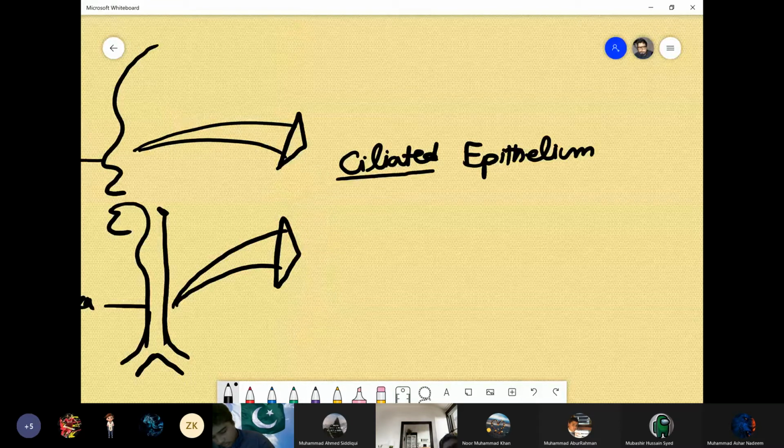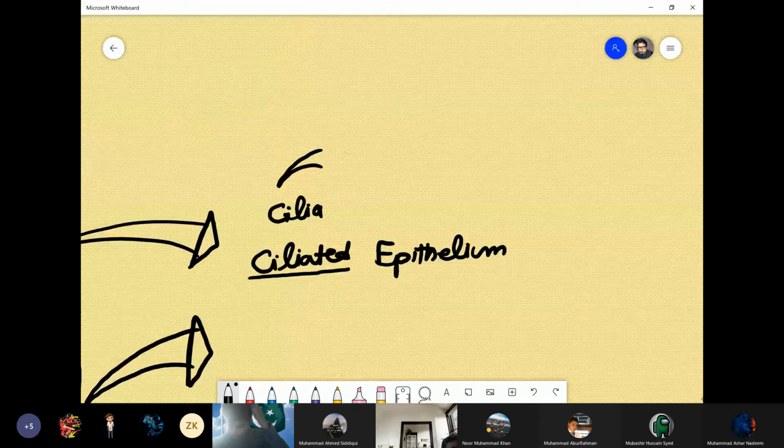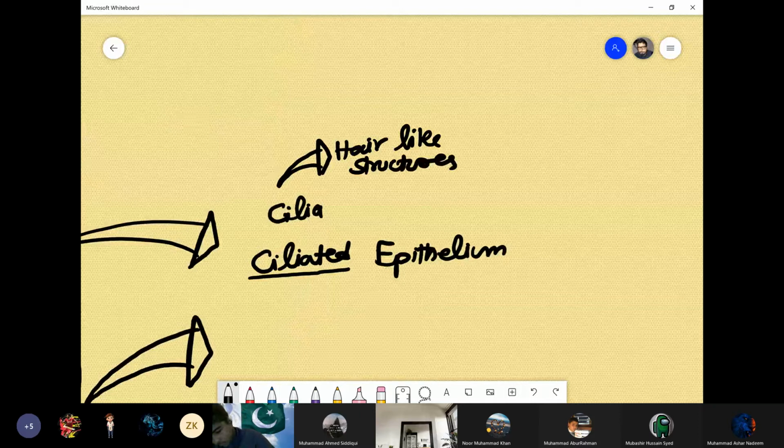The word ciliated is derived from cilia. What are cilia? Cilia are hair-like structures. I am not saying that they are hairs, I am saying that they are hair-like structures. Epithelium is two words.